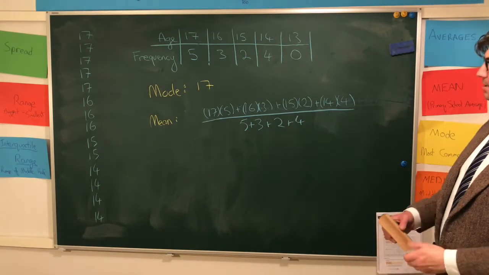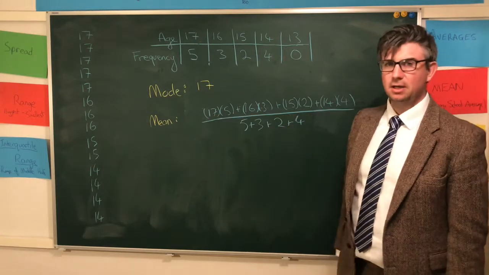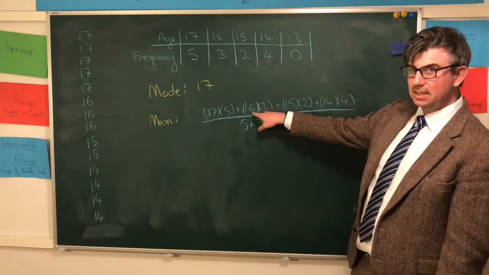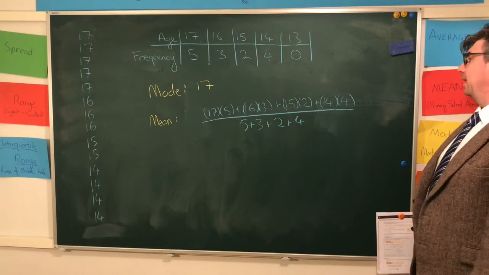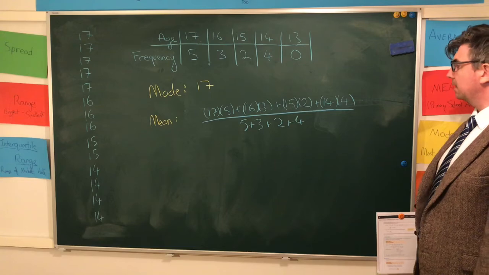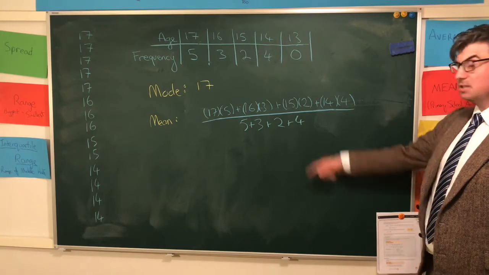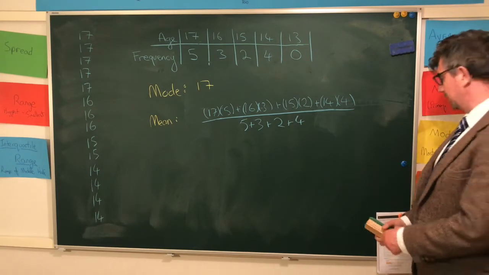And that's exactly the same thing as adding 17 together 5 times, adding 16 together 3 times, and 15 together twice, and 14 together for 4 14s. So I can put that into my calculator as it is now, so let's do that.